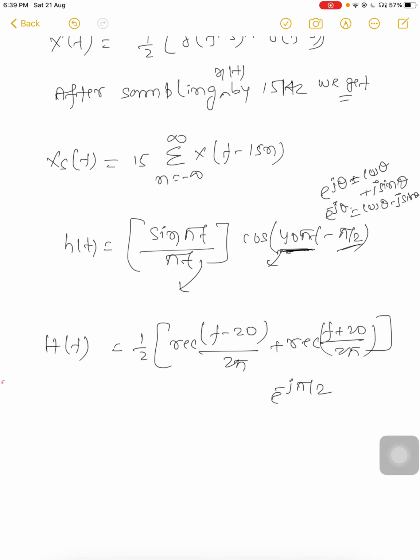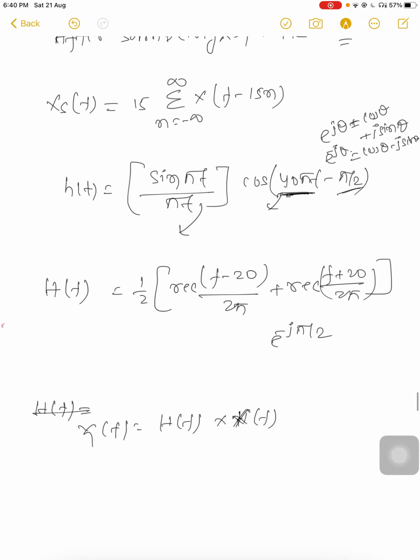Okay, and after that, output yf is equal to hf multiplication of xf.